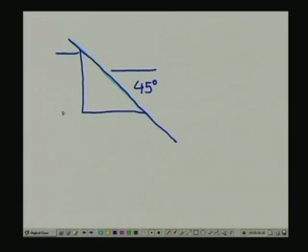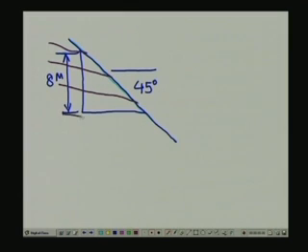So this height here is 8 meter, and there is a joint set within this particular rock mass dipping at 35 degree angle.